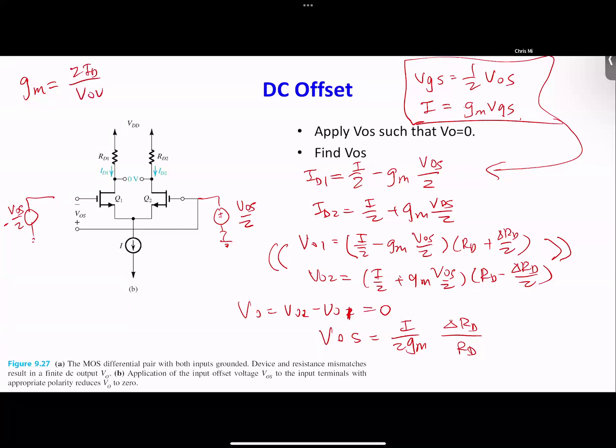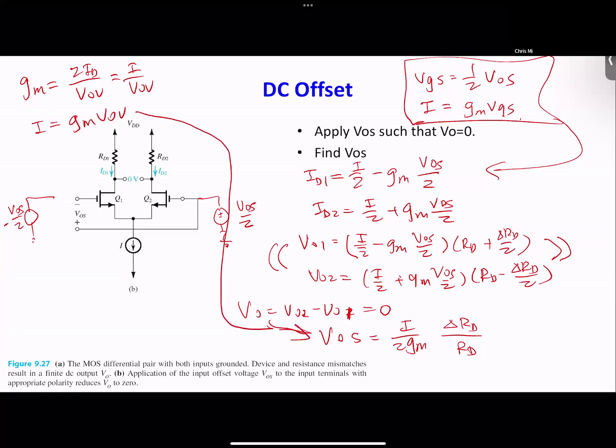GM equal to 2 times ID divided by VOV, right? So 2 times ID equal to I. So basically you get I divided by VOV. Therefore we can plug in I equal to GM times VOV.